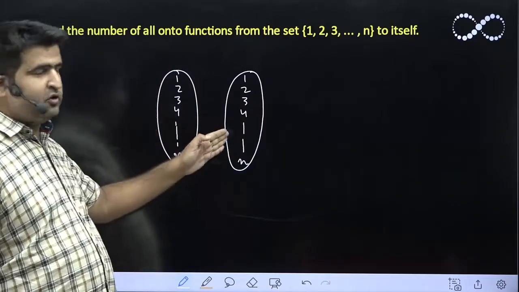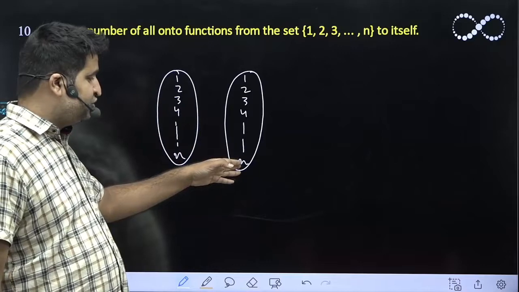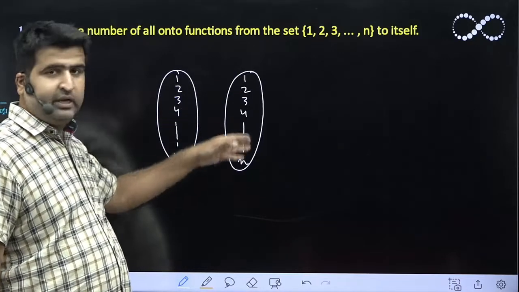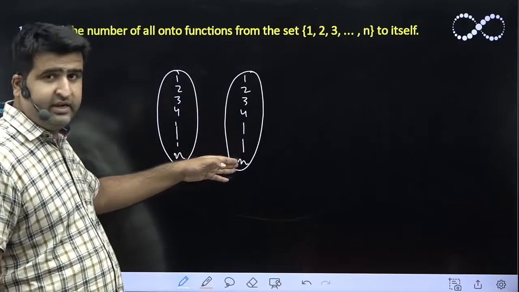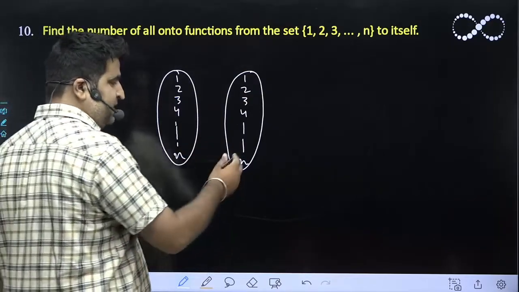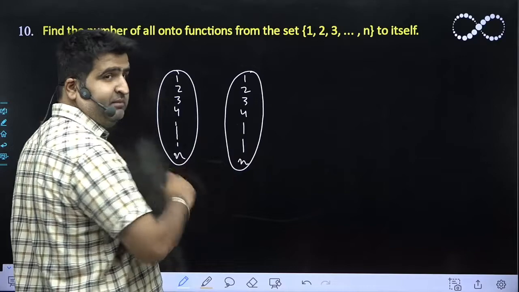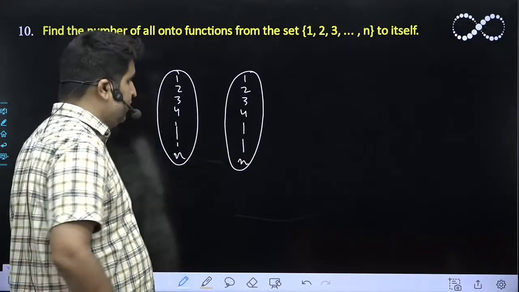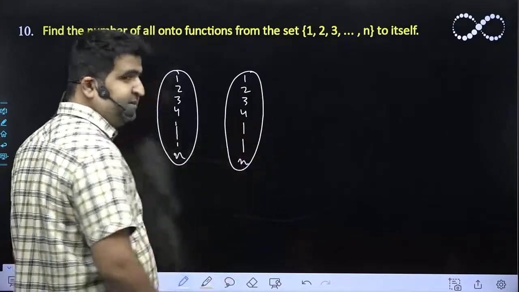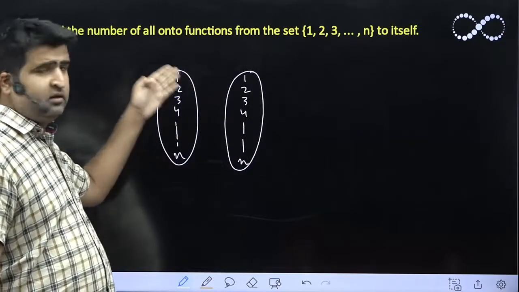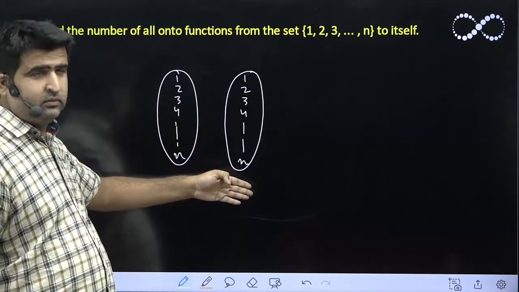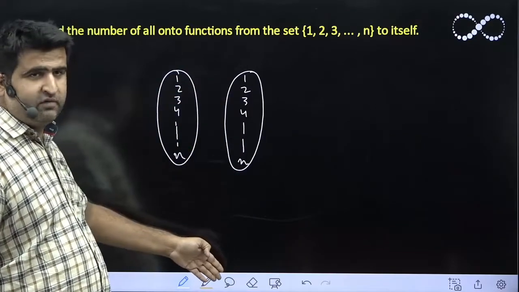For this to be an onto function, there needs to be no element left in this set. So all the elements here should have a pre-image, so all of these elements will be consumed.